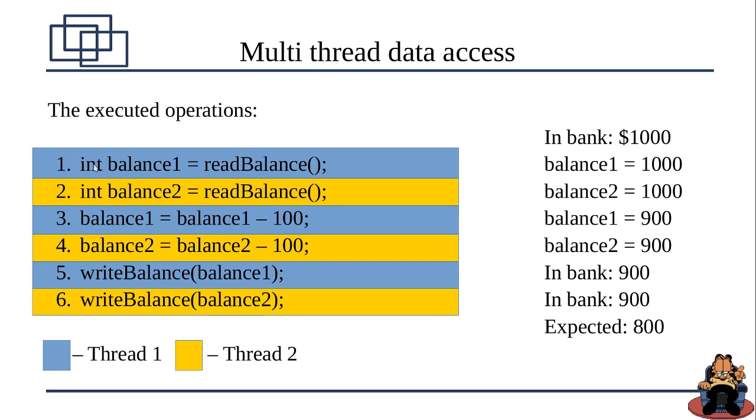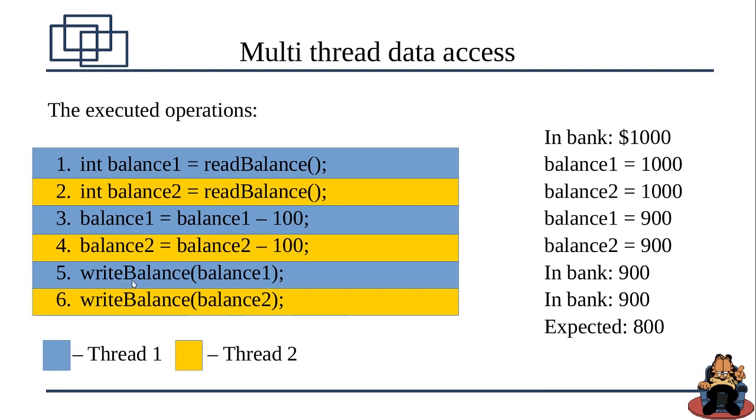First, thread 1 and thread 2 read data from the bank account. Each of them has received a value of 1000. Secondly, thread 1 and thread 2 locally subtract the value of 100 from the previously read bank account value. So we have 900.